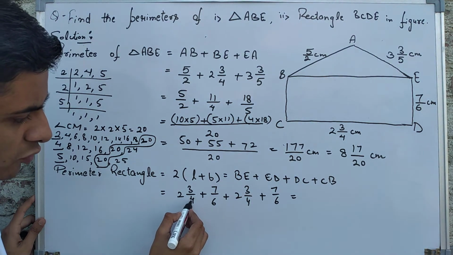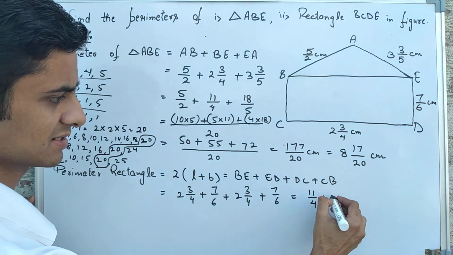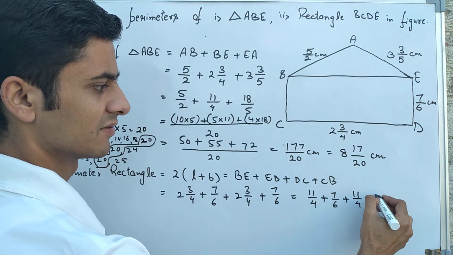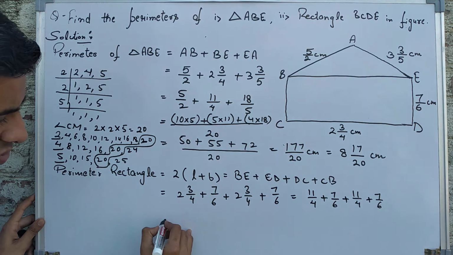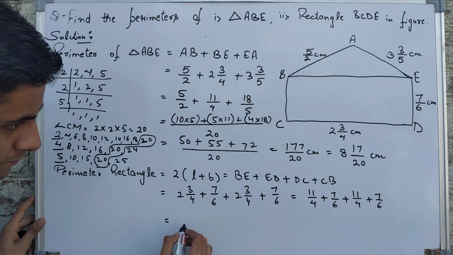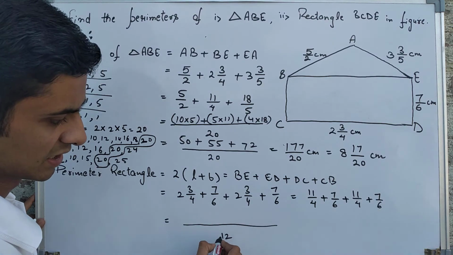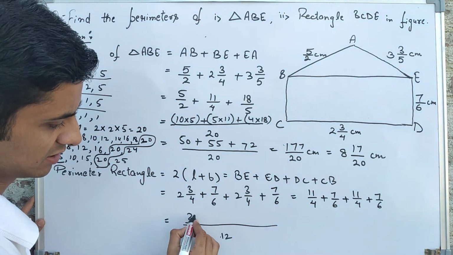2 whole 3 upon 4: 4 2s are 8, 8 plus 3, 11 upon 4. Plus 7 upon 6. Plus 11 upon 4. Plus 7 upon 6. LCM of 4 and 6 is 12. 12 divided by 4, 3. 3 into 11, 33.